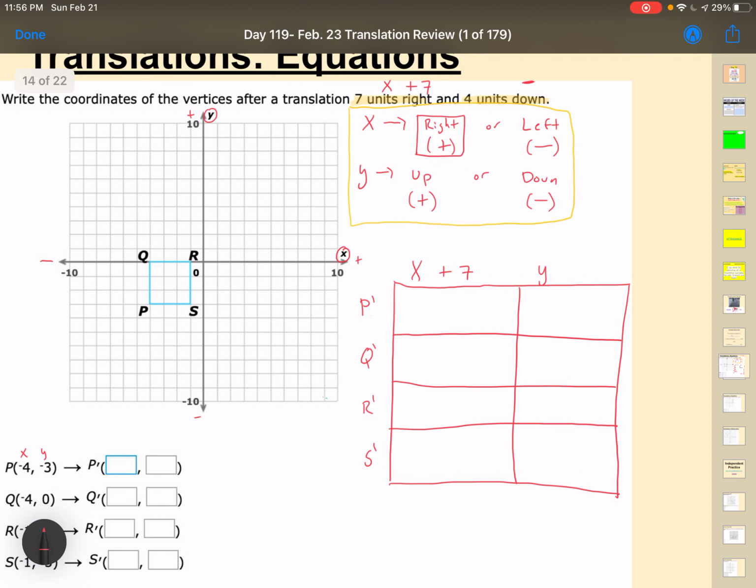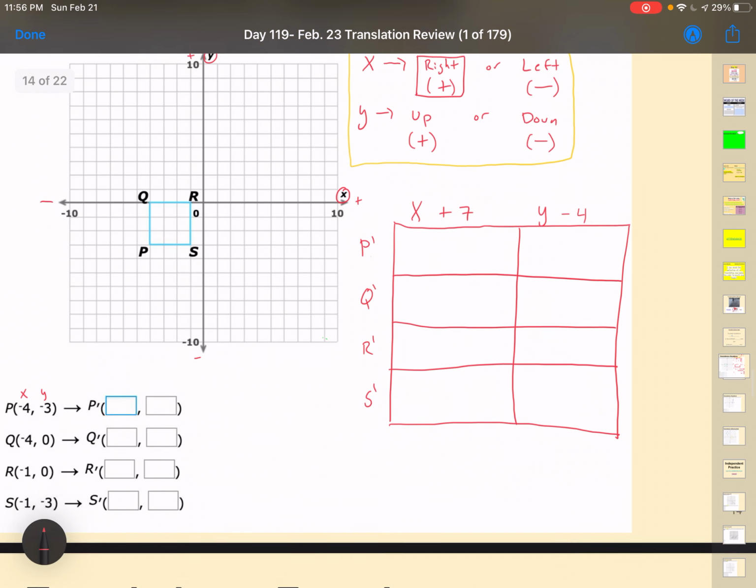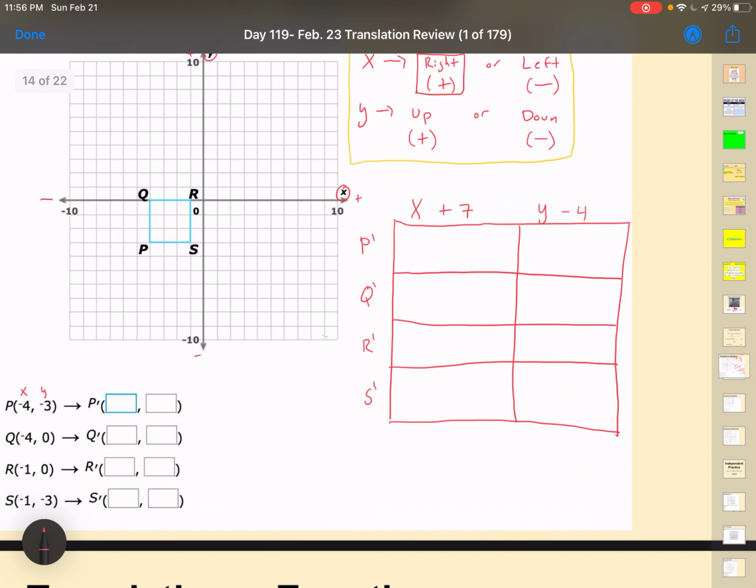And remember, when we're doing up or down, we're dealing with the y-axis. Down is a negative movement, so minus, and we're moving 4 units. So y minus 4. Now I'm going to put that into my table down here. All of my y coordinates for the shape are going to be subtracting 4.